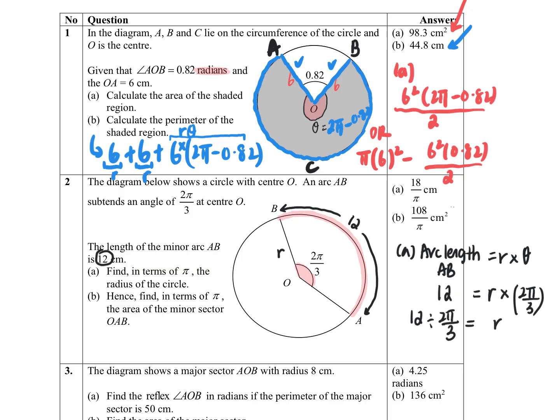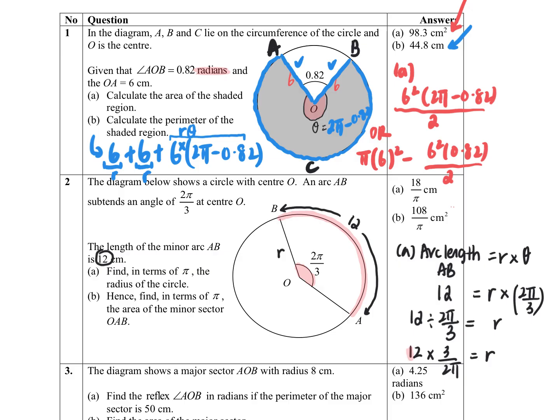So they say leave your answer in terms of pi. When you key into the calculator, ignore the pi. Okay, wait. Let me do the keep, change, flip first. Keep, change, flip. And then you press the calculator.